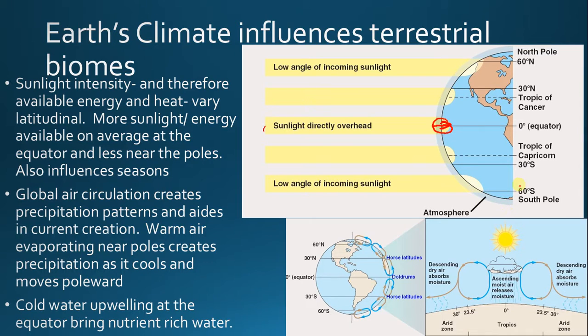As you move up towards the North Pole or down towards the South Pole, that sun hits the Earth at a shallower and shallower angle, spreading out the same amount of energy over a wider area. This then decreases average temperatures and also decreases the amount of energy per unit area.